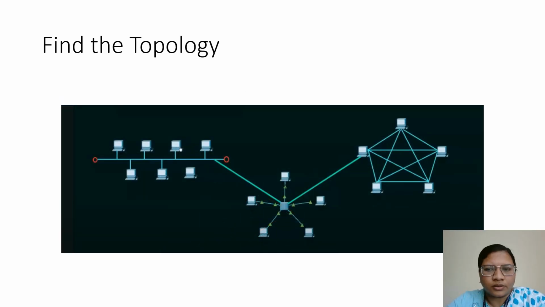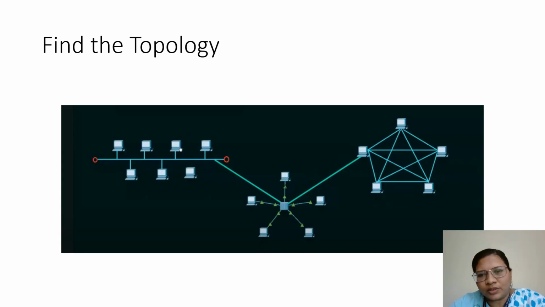Okay, until now we have seen what bus topology, ring topology, star topology, and mesh topology are. Bus topology has a single transmission cable where the nodes are connected. The second one we have seen is ring topology, which is nothing but the same single transmission cable connected in a closed loop.